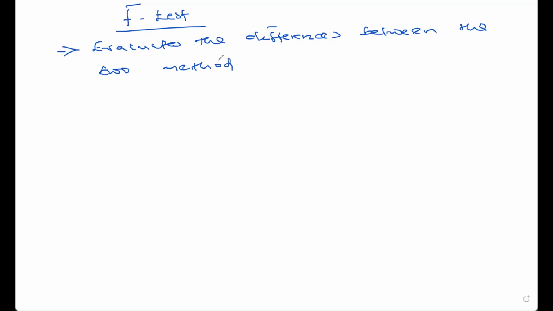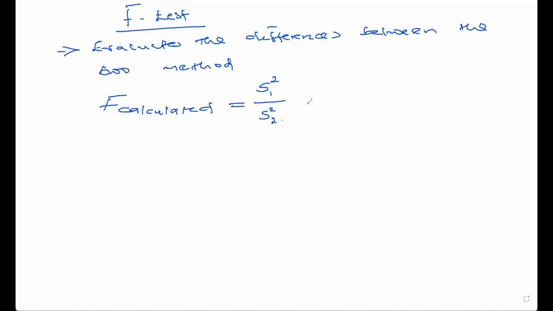So how do we get the difference? You should have F calculated. Remember that you have two methods, meaning each method will have its own variance. So F calculated is the variance for method 2 over the variance for method 1.